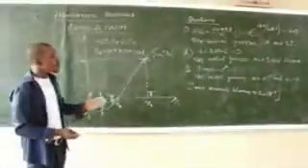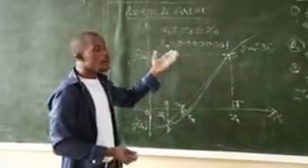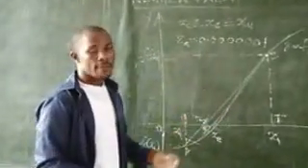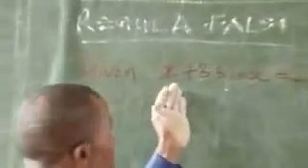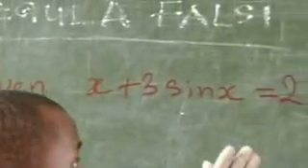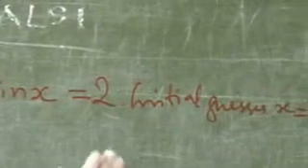So at this stage, let us see how to use this formula. That takes us to the second question. How do we apply the regula falsi method to solving problems? Given x plus 3 sine x equals 2, with the initial guesses 0.3 and 0.6.